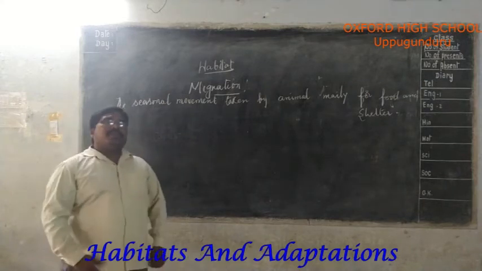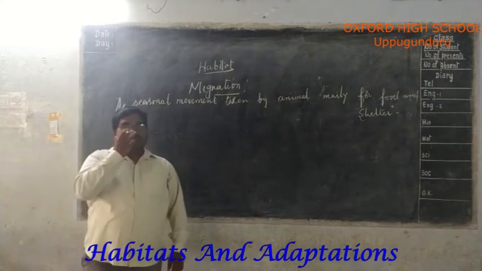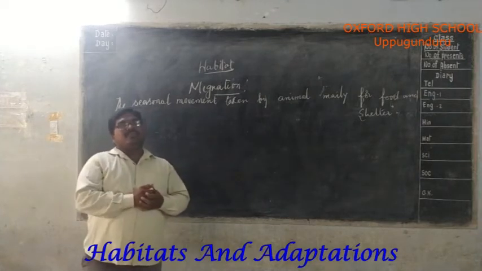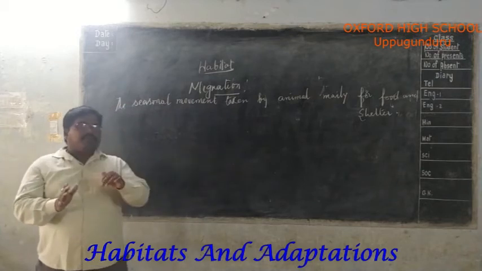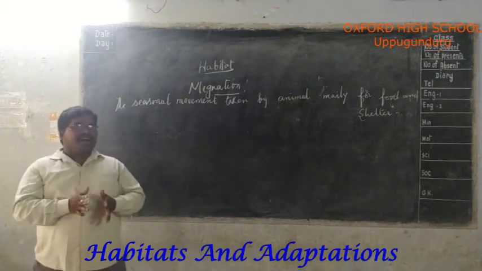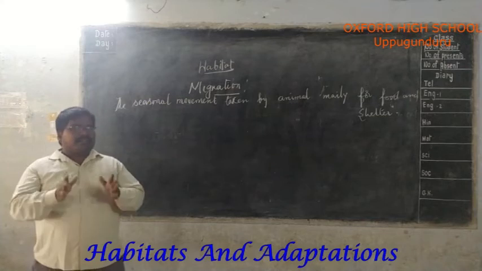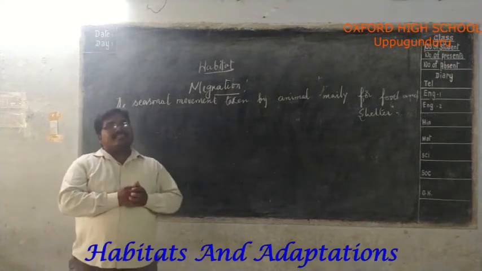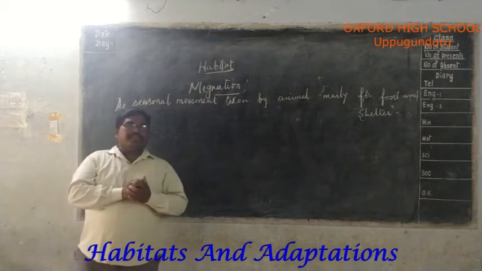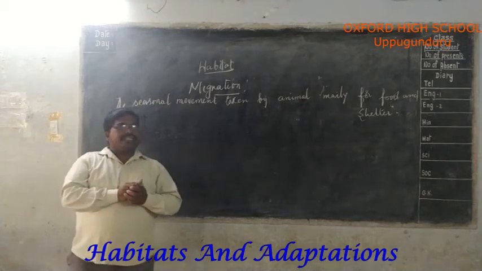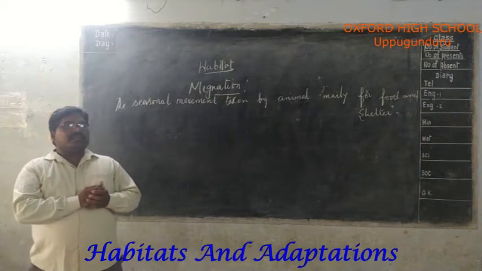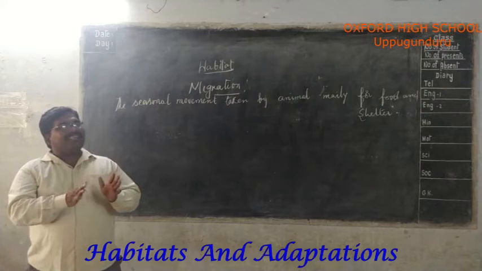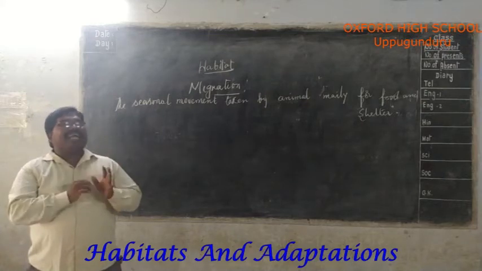The best example is when the season changes, during the hot summers. To protect themselves from the hot summer, some particular birds are ready to lay eggs and breed. Do you understand? Some birds are ready to lay their eggs and hatch them.